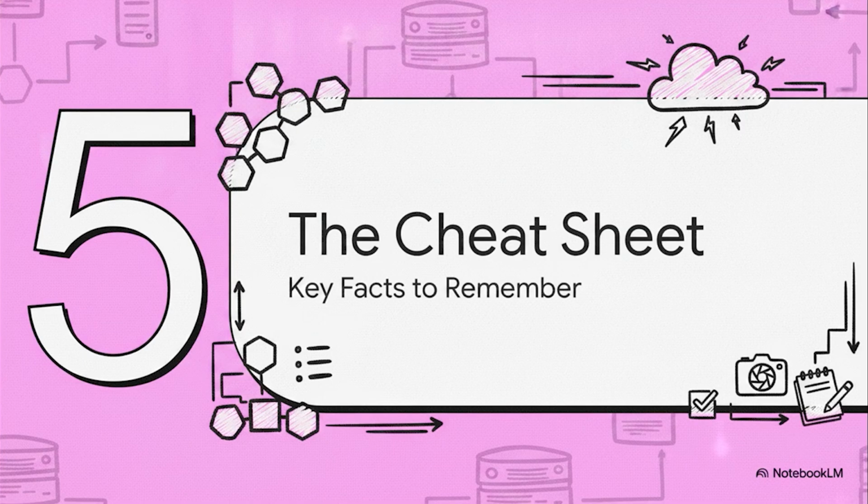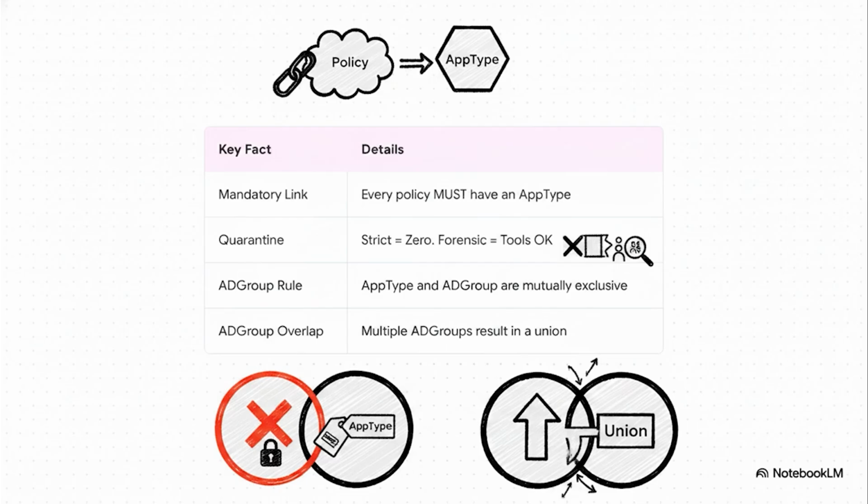Okay, Section 5, the cheat sheet of key facts. We've covered a ton of ground today, from the core concepts all the way down to complex edge cases. So get ready to take a screenshot of this. You will absolutely need to know these 4 facts before you sit for the exam. Number 1, mandatory policy link. Every single security policy must be associated with an AppType. Number 2, quarantine contrast.